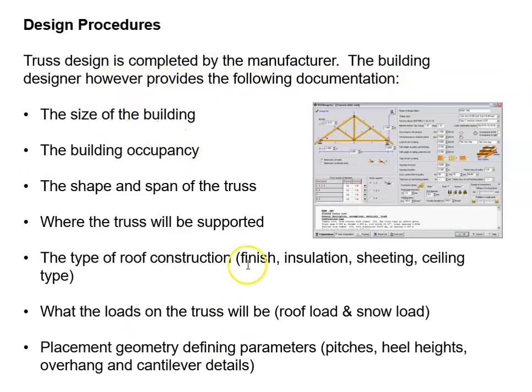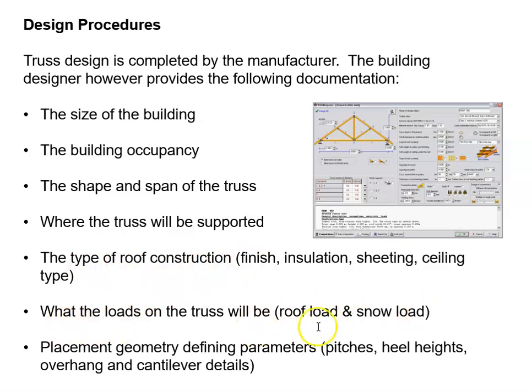So this is all code information, and that's what the structural engineer will typically be responsible for. The size of the building, what type of building it is, the span and the shape of the trusses, where exactly the trusses are supported, what dead weight will be above the truss, the roof construction, that is, the loads.